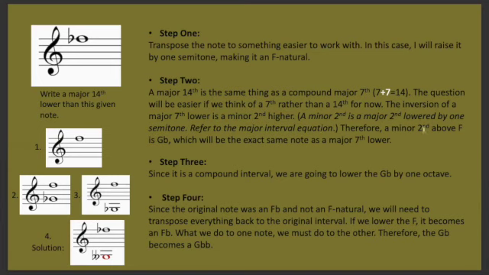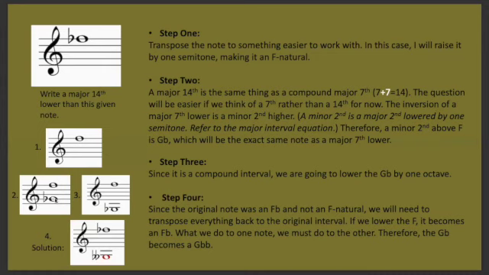Therefore, a minor 2nd above F is a G flat, which will be the exact same note as a major 7th lower. If any of this is getting a bit confusing, maybe you can refer back to the earlier sections of this video. So, step 2, we find that a major 7th lower is a G flat here.